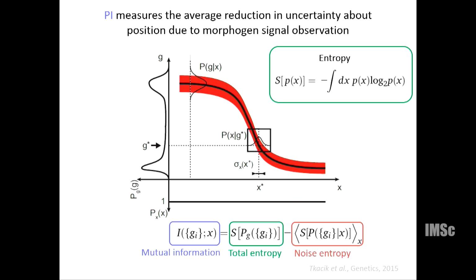Now, this is an equivalent definition, but maybe more useful when you think about this. Mutual information is the useful part. There is also the total entropy, which is the distribution of the gene expressions.